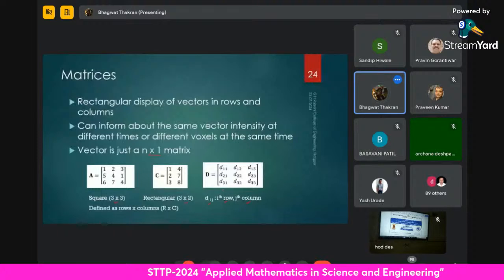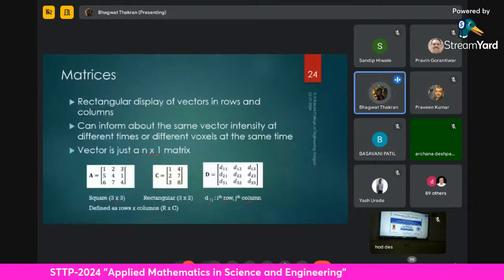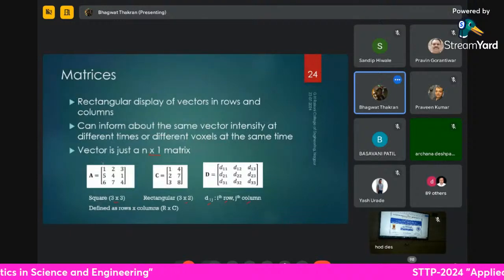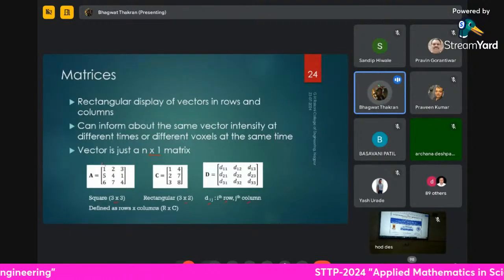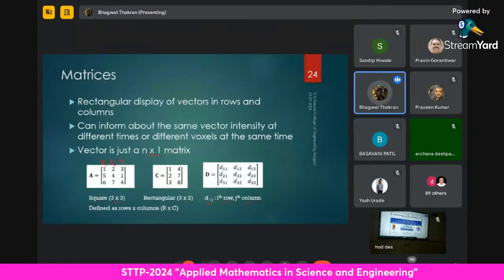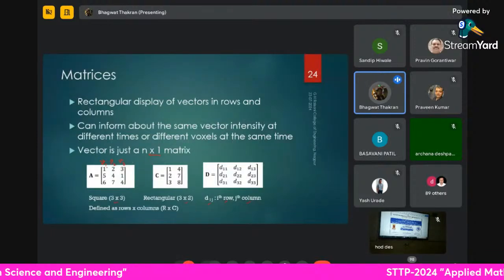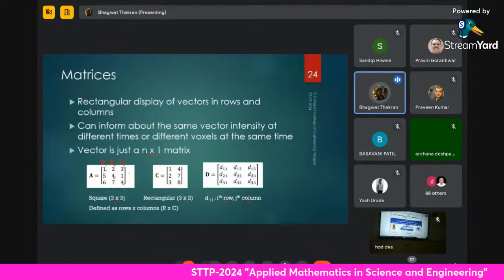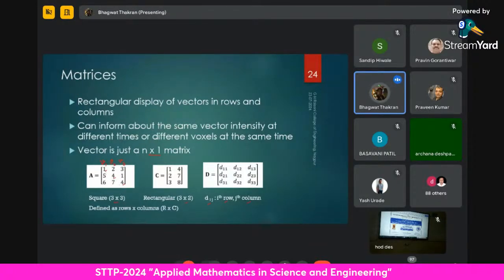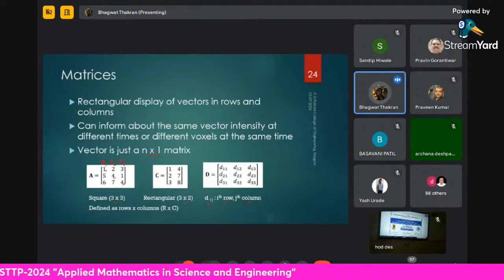This is nothing but the vectors combined together. I have a vector of order 3 by 1, v1, another v2, another v3. When we combine the vectors together, it forms a matrix. That means I have some components, and visualization of these components is nothing but points, the place values in the arrays.